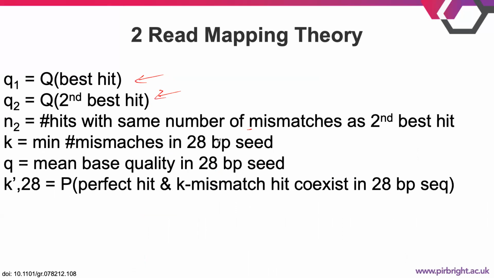So we assume, given a 28 base pair read, the minimum number of mismatches that are possible in that seed, the minimum base quality in that 28 base pair read, the number of hits with the same number of mismatches as the second best hit, and then finally the probability of a perfect hit and a K mismatch hit in that 28 base pair sequence.